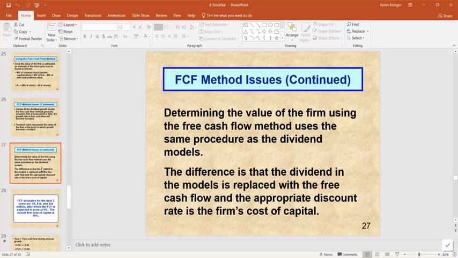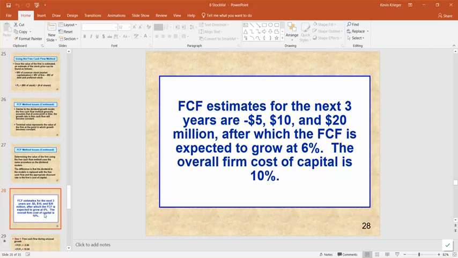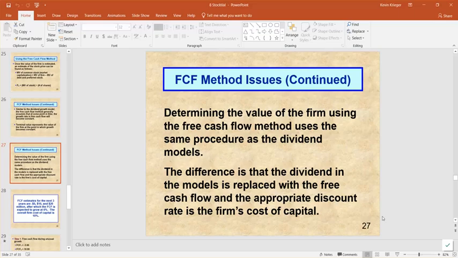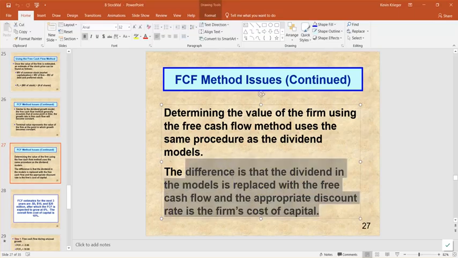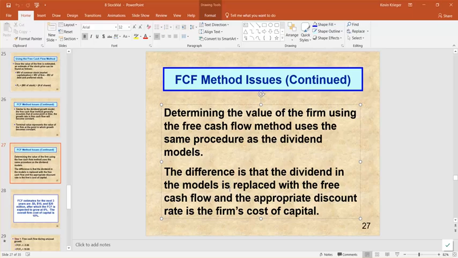But there are some differences, of course, like when the dividends are replaced by free cash flows, you can have a negative free cash flow. There's no such thing as a negative dividend, right? Another one that I was quietly slipping by here at the bottom is that when you're using the dividends as the basis of the valuation, then it's the cost of equity only that is the appropriate discount rate to use.